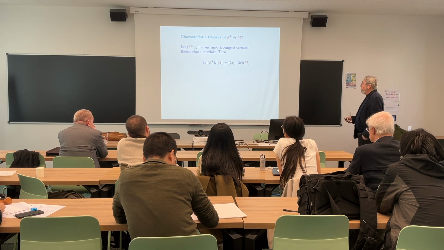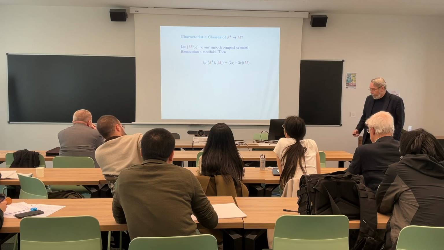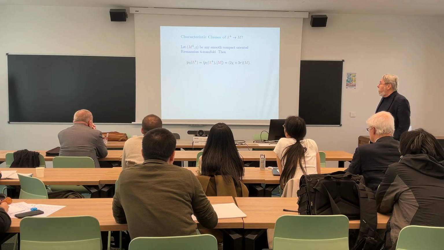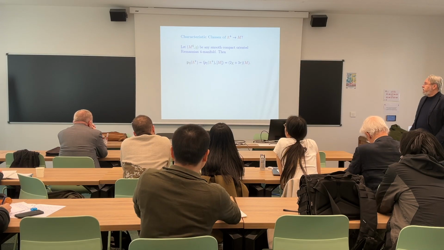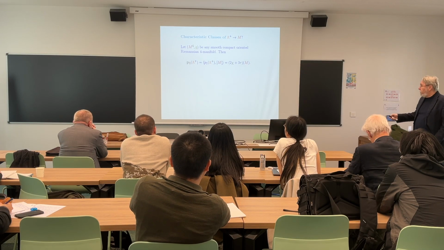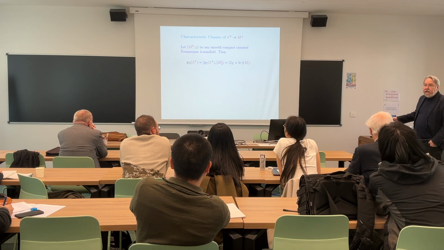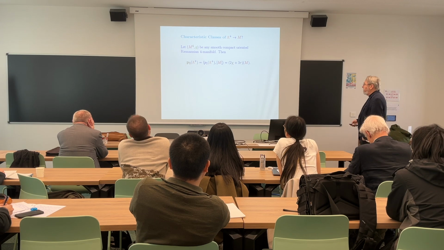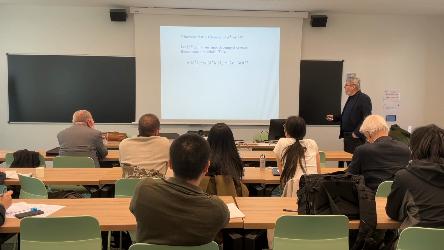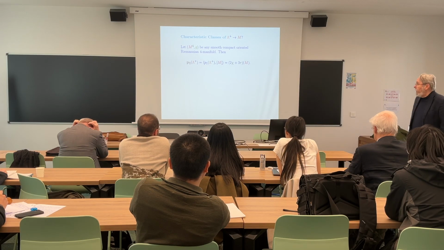The answer is 2 chi plus 3 tau, twice the Euler characteristic plus 3 times the signature. This is often described as the first Pontryagin number of the bundle, because the first Pontryagin class is an element of H^4, which is just a copy of Z, and the isomorphism is given by integration or pairing with the fundamental cycle. So the first Pontryagin number of Lambda plus turns out to be 2 chi plus 3 tau.